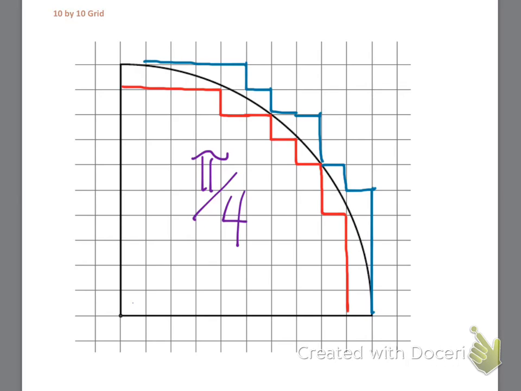Okay, let me get just a black. So what we've done is, or maybe not black, we'll do a dark green. So we've got this 10 by 10 area here.